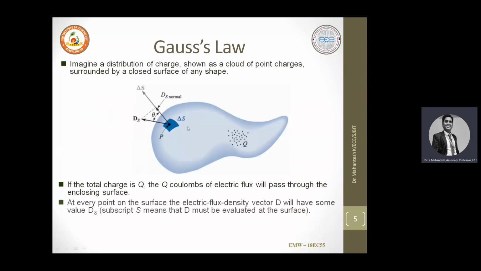At every point on the surface, the electric flux density vector D will have some value, and D must be evaluated at the surface. dS signifies the evaluation of D on the surface.